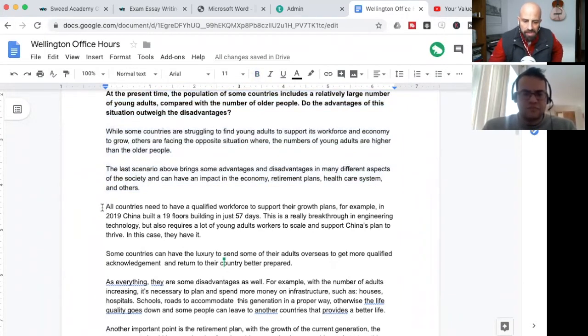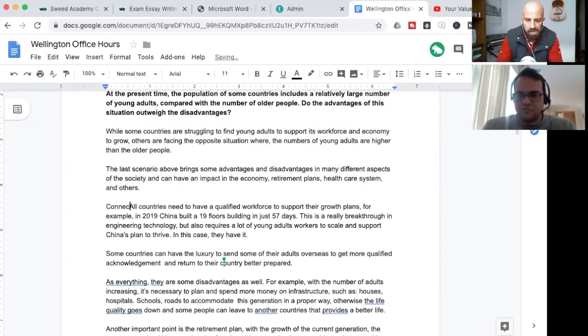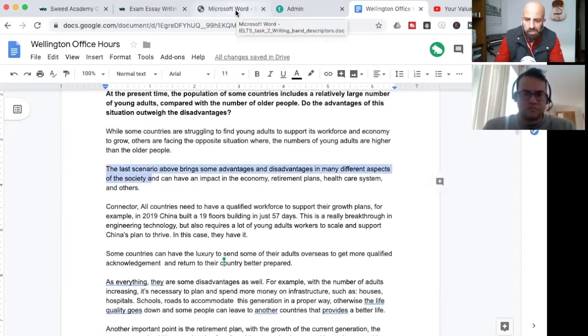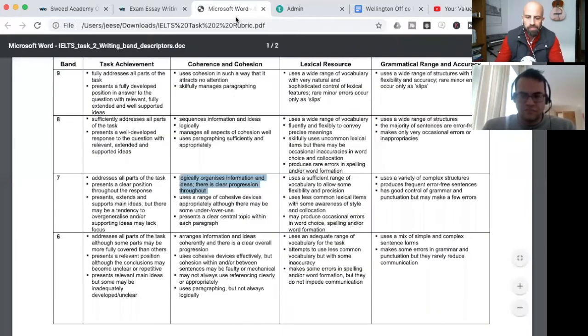So the first sentence of a paragraph should have some kind of connector, like another point, or one other advantage, or on the other hand, a disadvantage, or something like that. So it logically organizes information and ideas. There's a clear progression. There's point one, point two comes from point one, and so on.